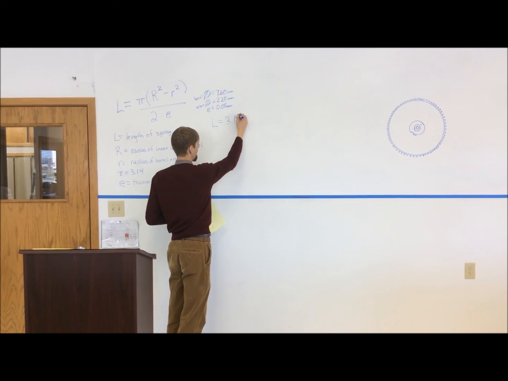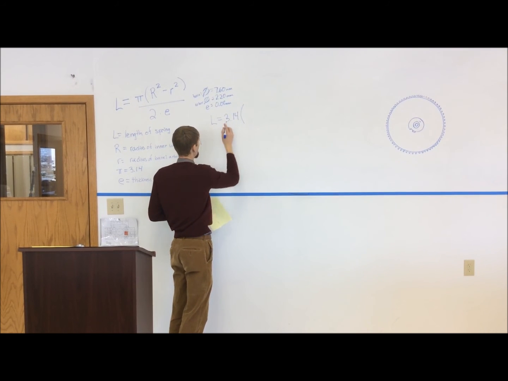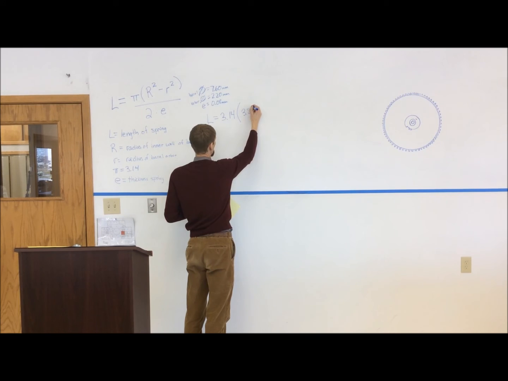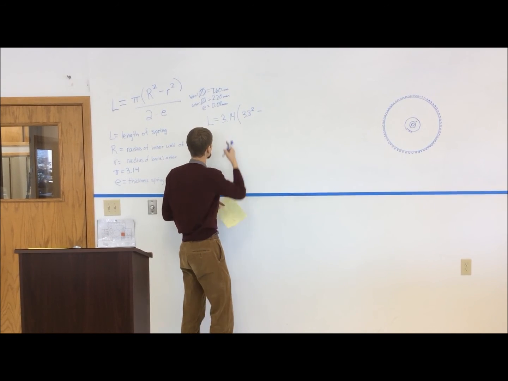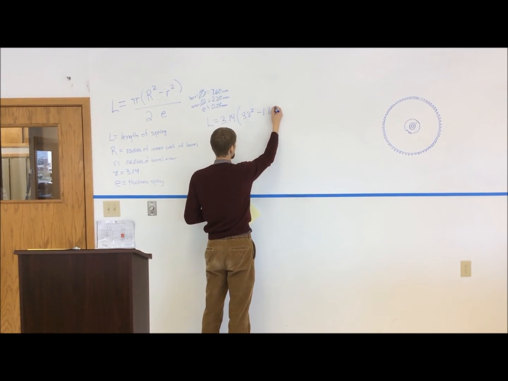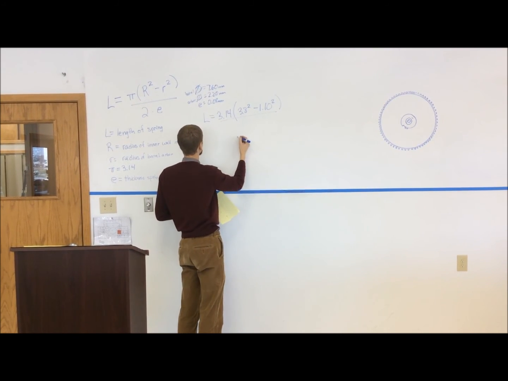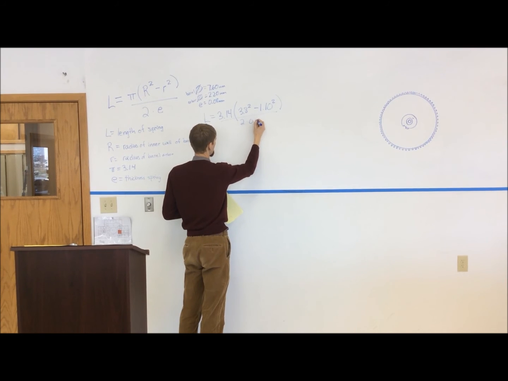Length equals 3.14. Now the radius, we have to divide that by 2. 3.8 squared minus 1.1 squared. All of that divided by 2 times 0.08.